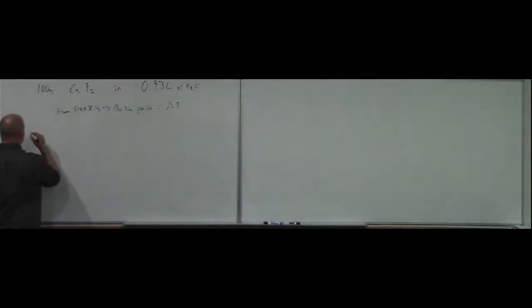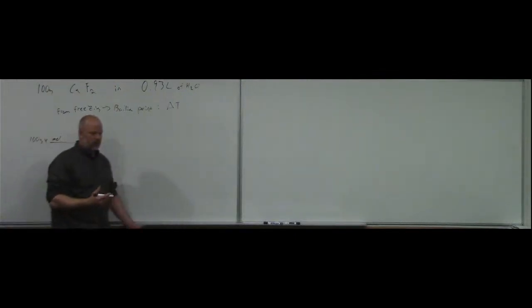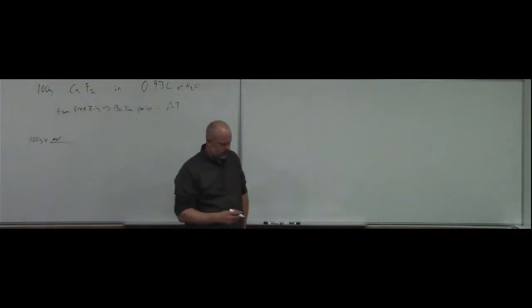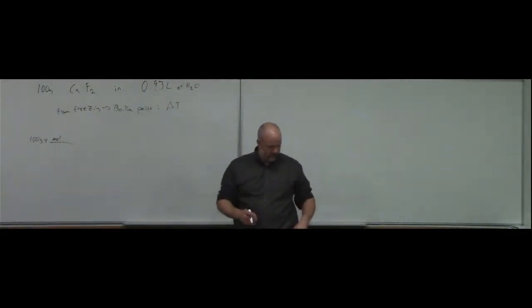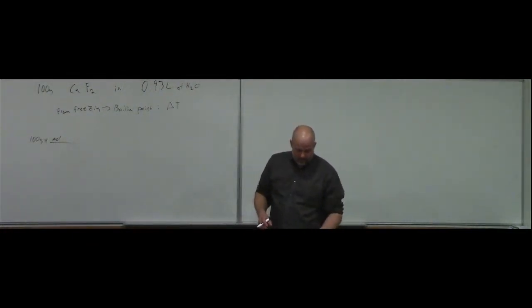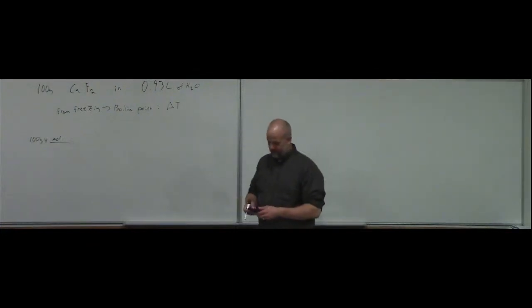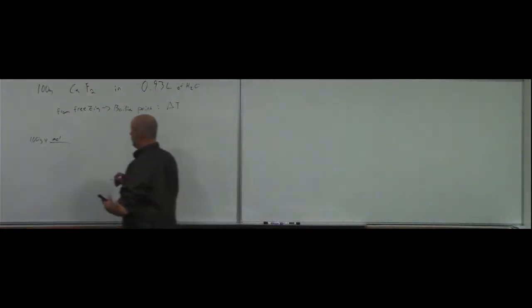So first thing I want to do here is probably go, okay, 100 grams times the molar mass of CaF2. So the molar mass of calcium fluoride is, it would be good if I had a periodic table up here, but I don't. Ca is 40.08.